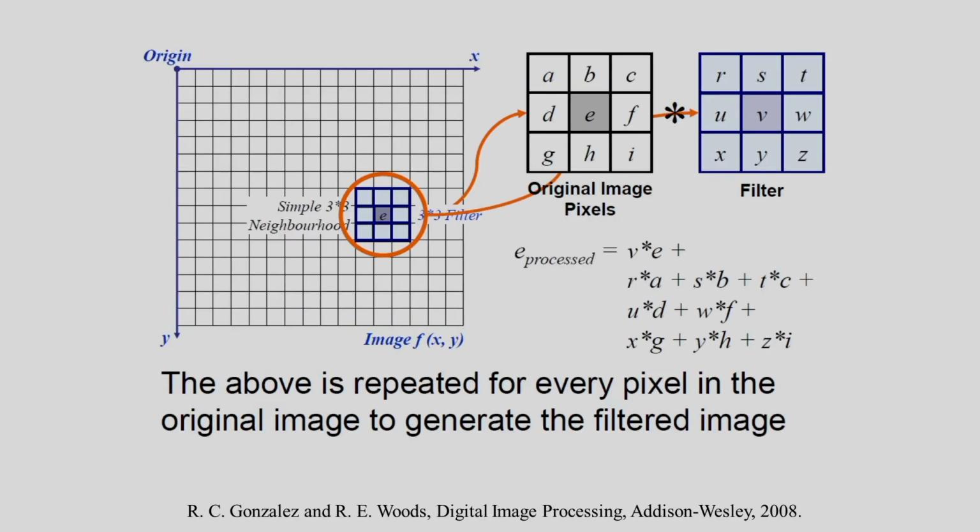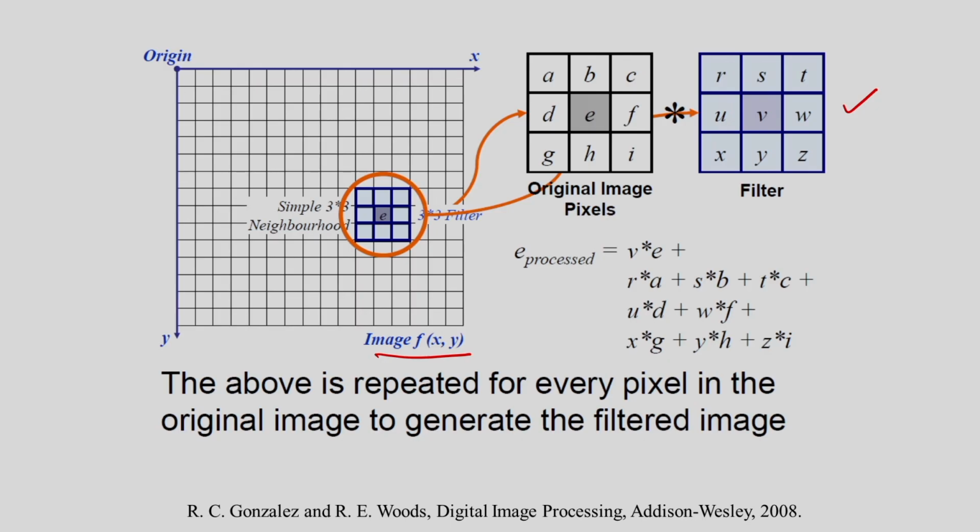This operation again I am showing here. I am considering a 3 by 3 filter. My input image is f(x,y). I am considering the mask, the 3 by 3 mask. So this is the filter, and if you see, the filter weights or the coefficients are R, S, T, U, V, W, X, Y, Z. And if I consider the image pixel values A, B, C, D up to I, these are the original image pixels I am considering.